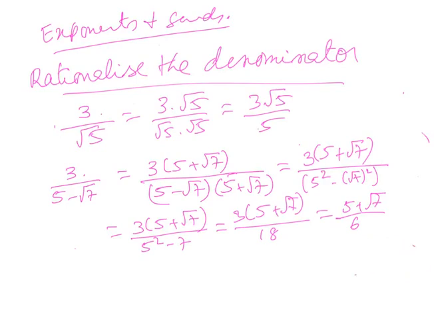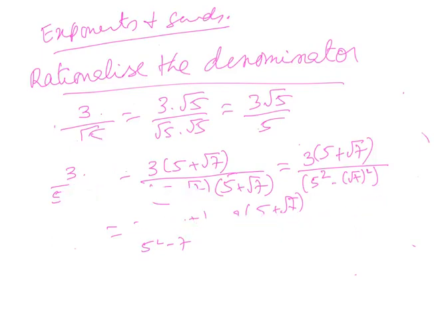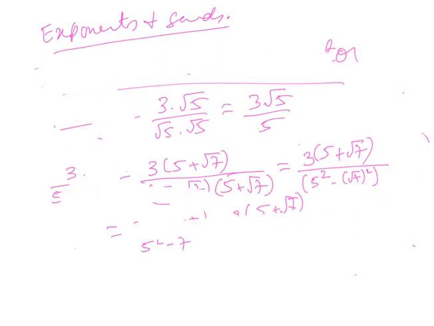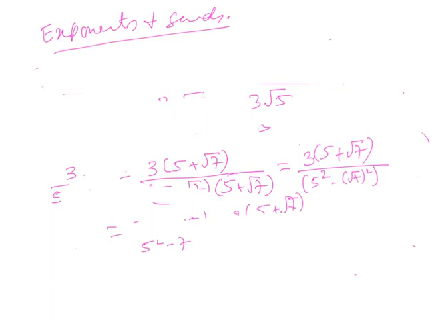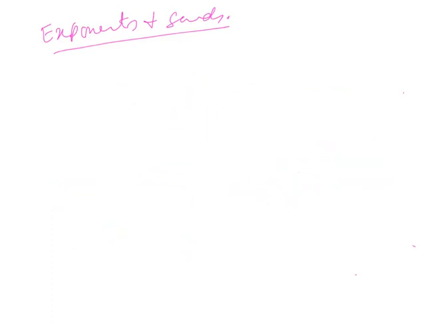In exponents and surds, we will also have equations that involve exponents to solve. Let's take this example: x to the power of 3 over 2, divided by 2, is equal to 4 and 1 over 2.